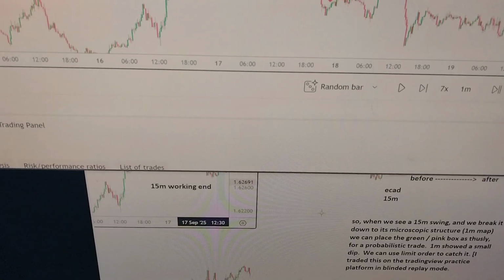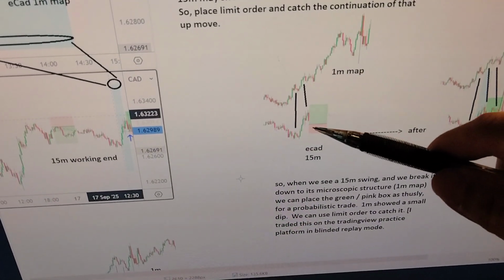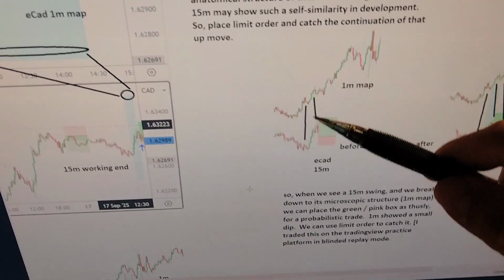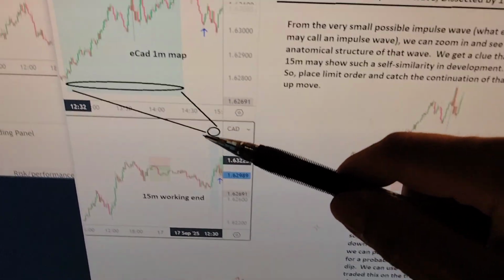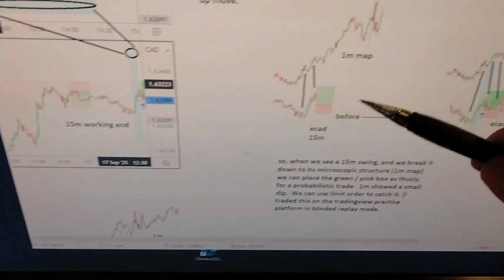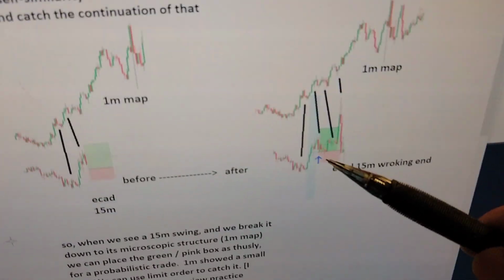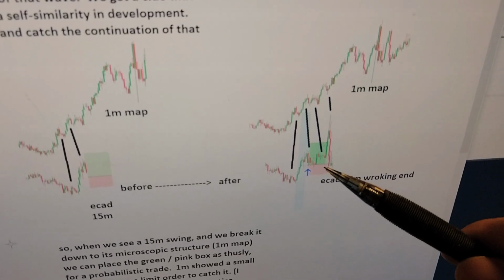Recognizing that the subsequent move might be tight, you place a limit order, the green pink box, at a favorable entry point within that anticipated small dip. This is crucial for two reasons. It ensures you get filled at the price you want, rather than chasing the market. It allows for a tight stop loss, the bottom of the pink box, relative to your take profit target, the top of the green box, creating a good risk to reward ratio, RRR.